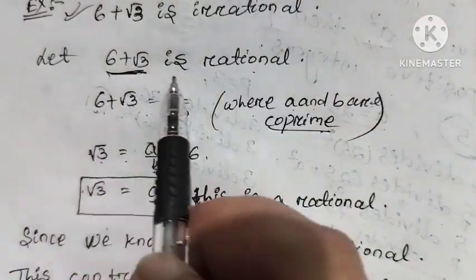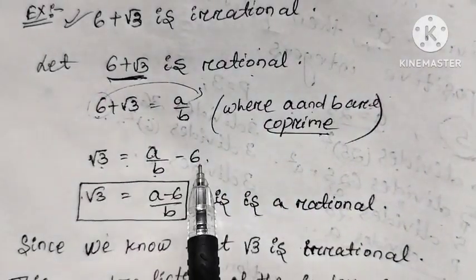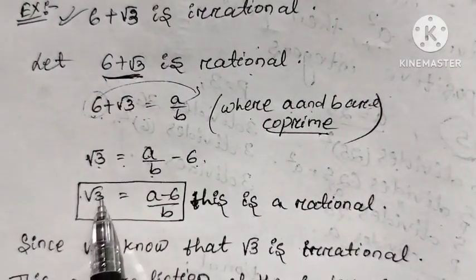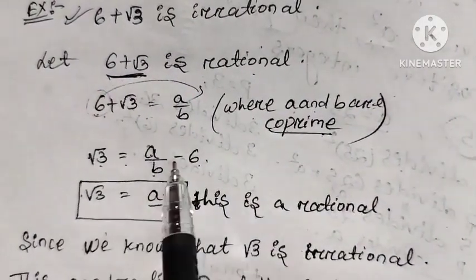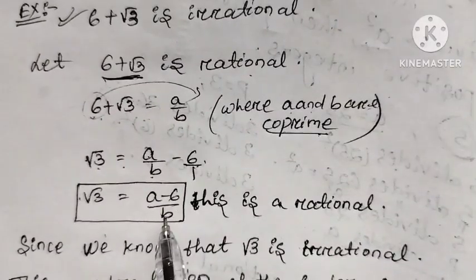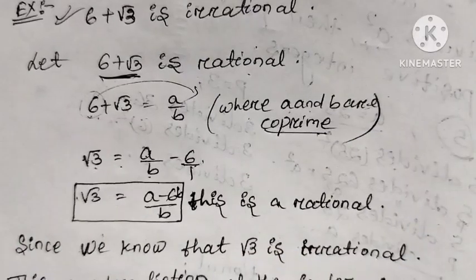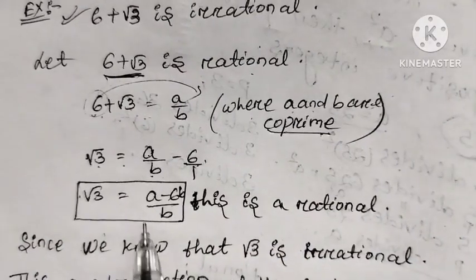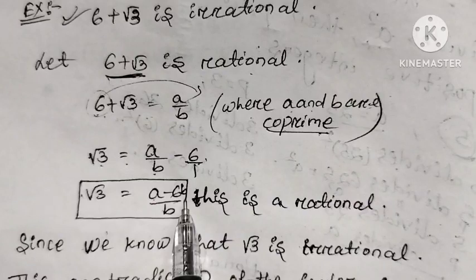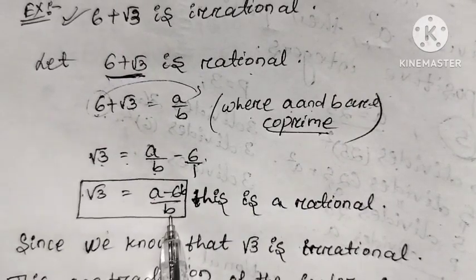The 6 is positive; moving it to the opposite side, it becomes negative. Then root 3 is equal to, with LCM b, a minus 6b, divided by b.